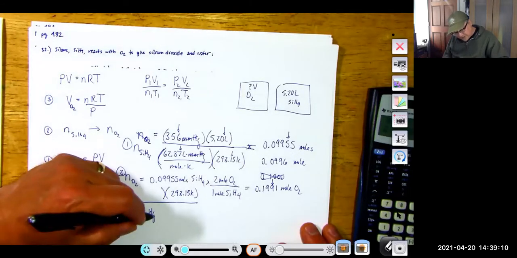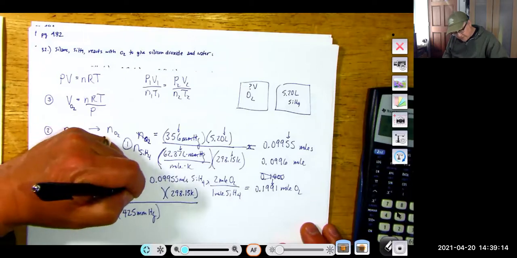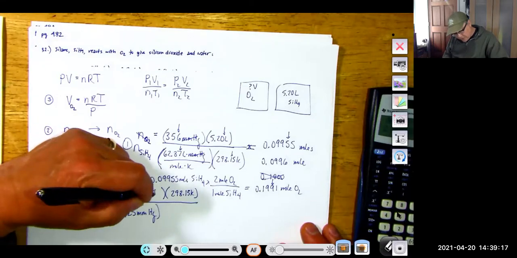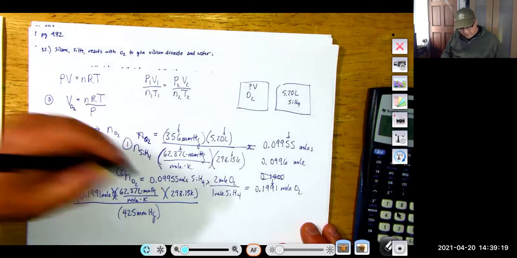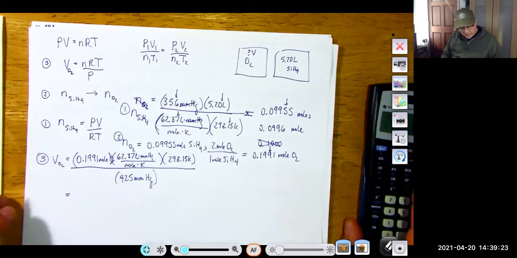So I'm going to use the 62.37 millimeters of mercury per mole per K to get that volume of O2. Okay.